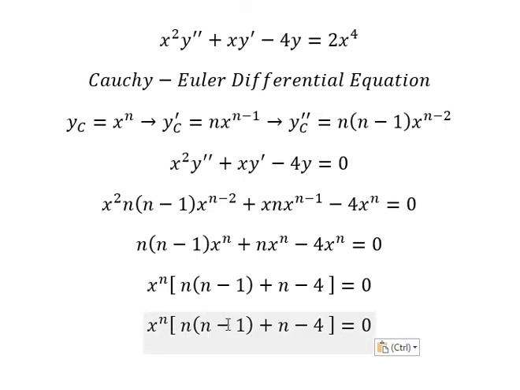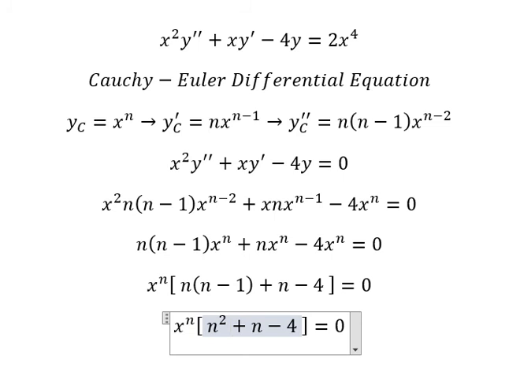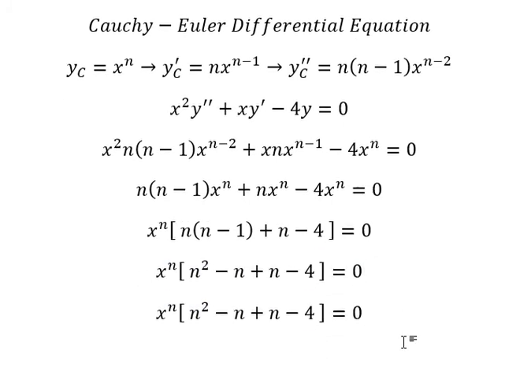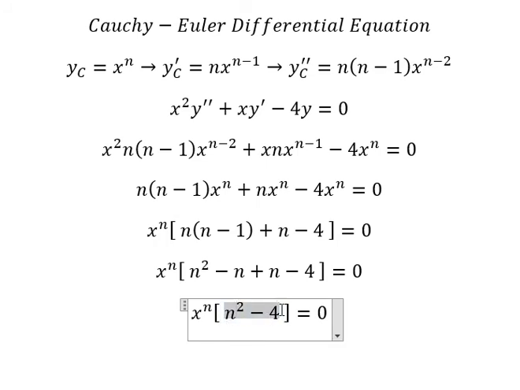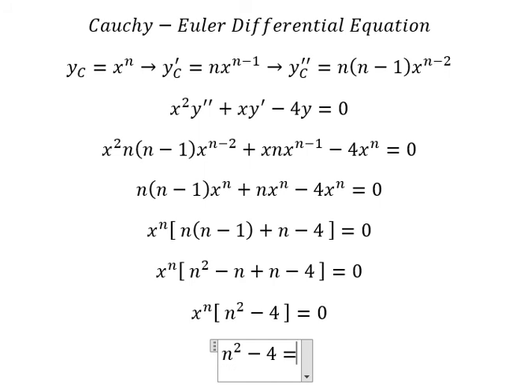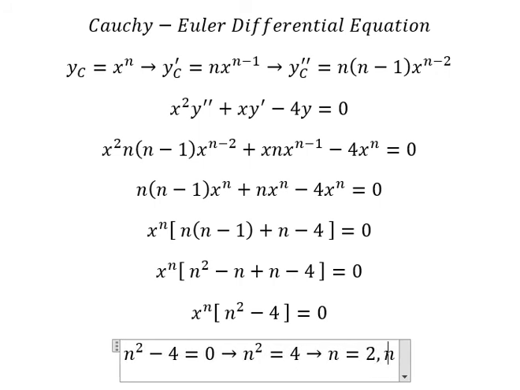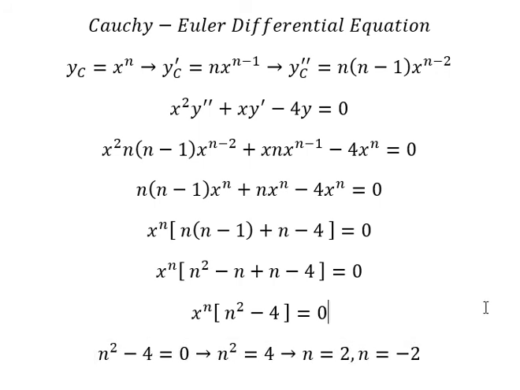n multiplied by n and negative 1. Now we simplify n, and you get negative 4. So we just have this left, and that should be n squared minus 4 equal to 0. We put 4 to the right, and then we have n equal to 2, n equals to negative 2.